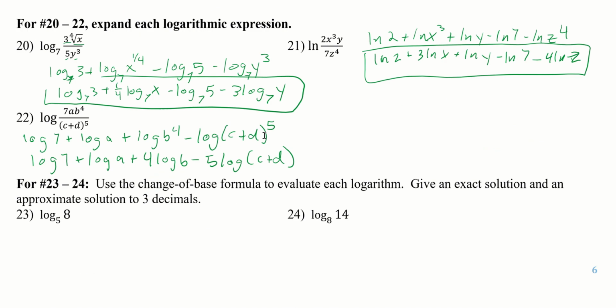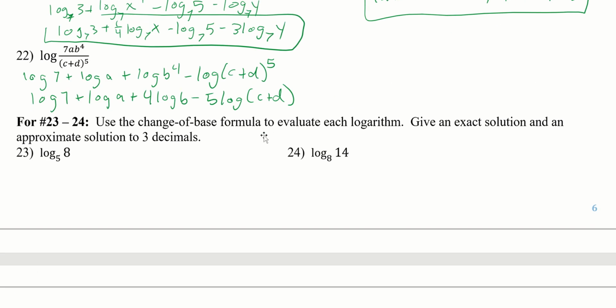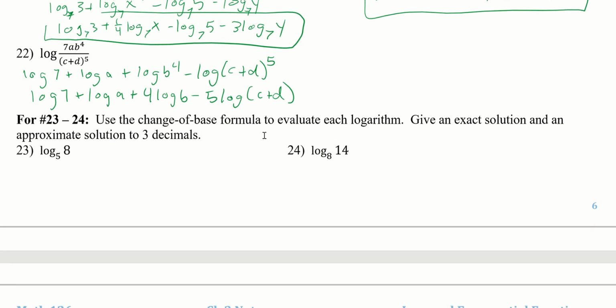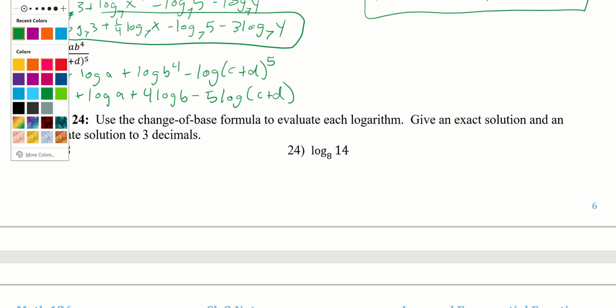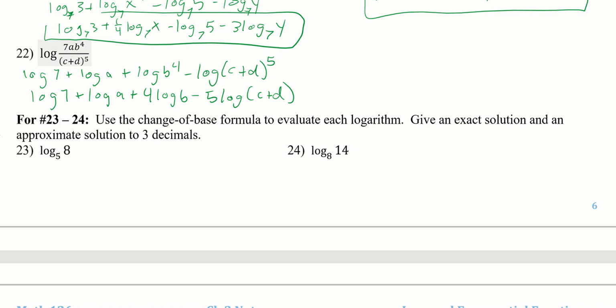Nice. Now, the last couple that we have here for 3.2, 3.3 is change a base and then give the approximate solution. These ones are really nice because they're not too crazy, right? So remember, if we rewrite this, the base of the log is going to be the one in the denominator. Think about the denominator as the base.